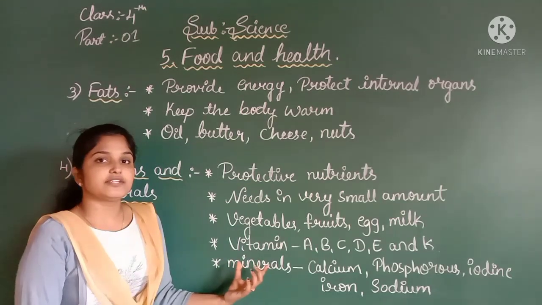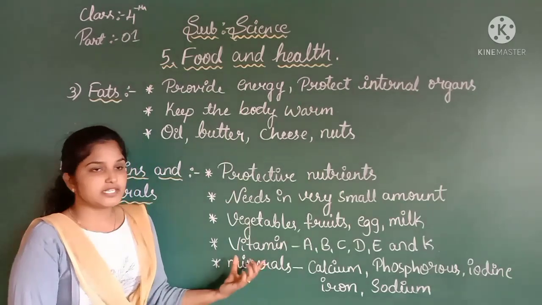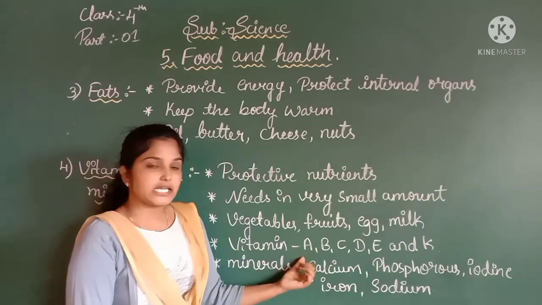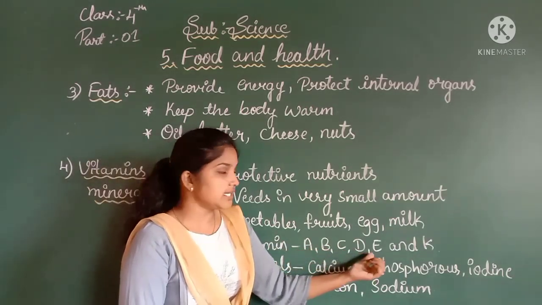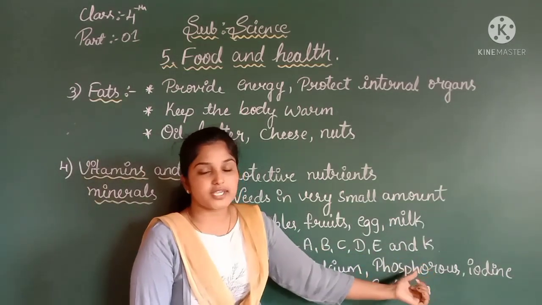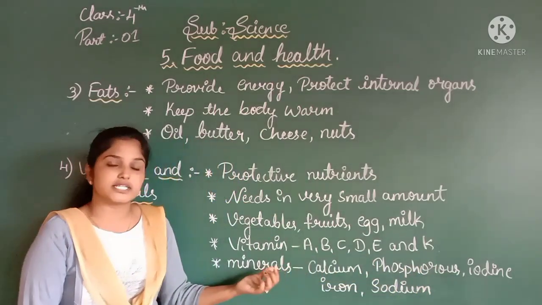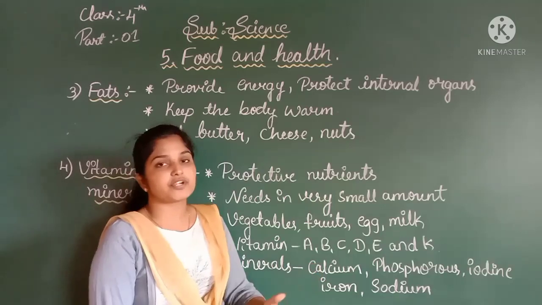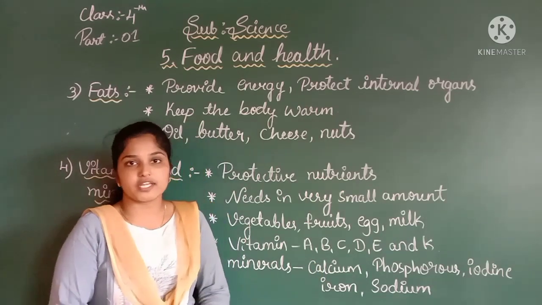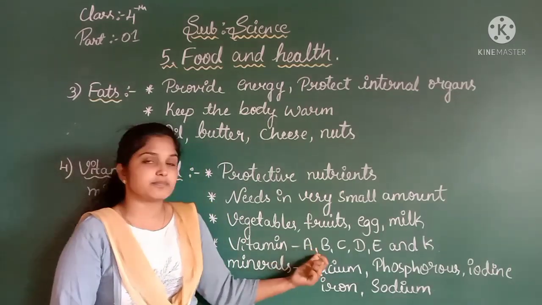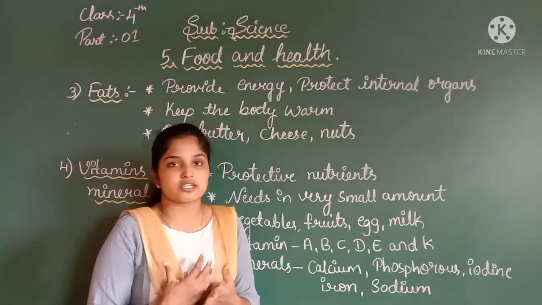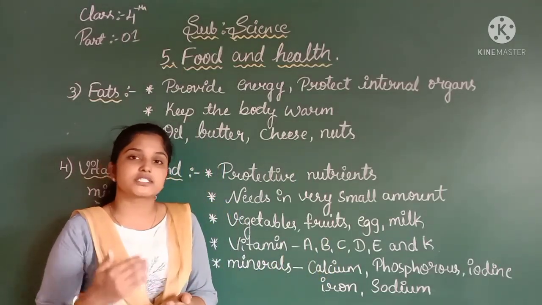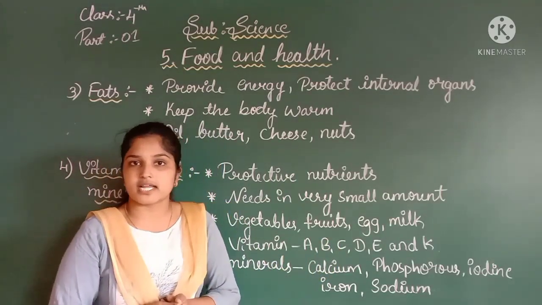There are many different kinds of vitamins: vitamin A, B, C, D, E and K. These vitamins are needed by our body, and they perform different functions. You will discuss them in the higher classes.